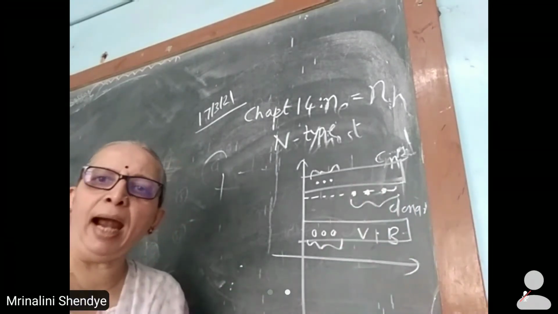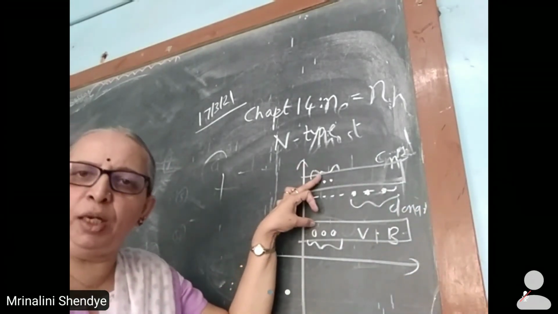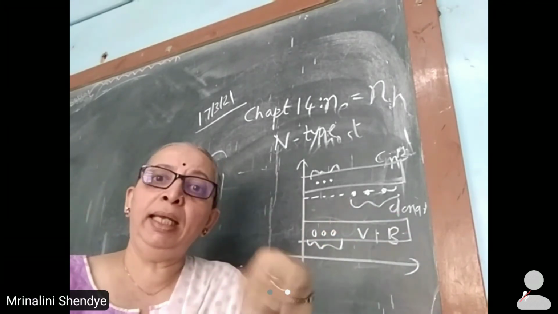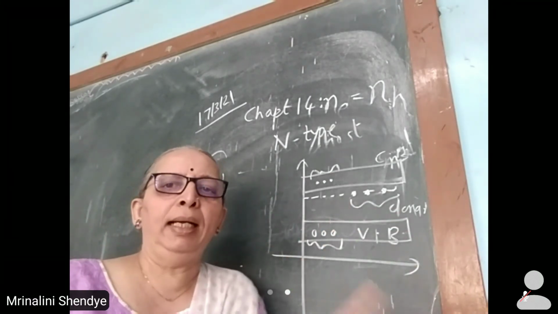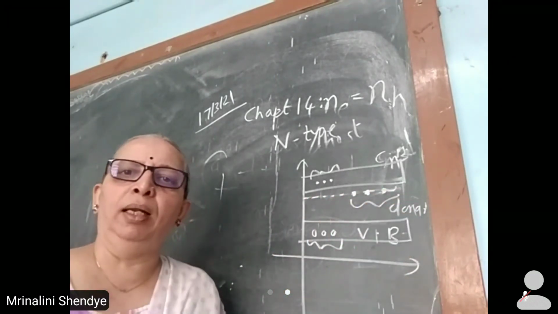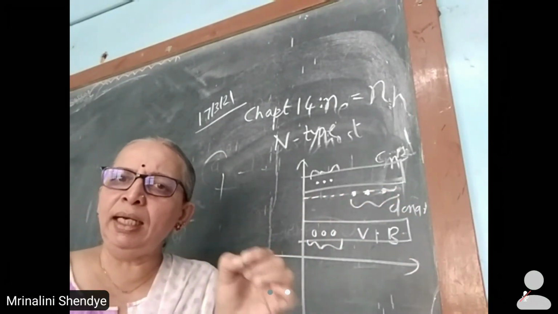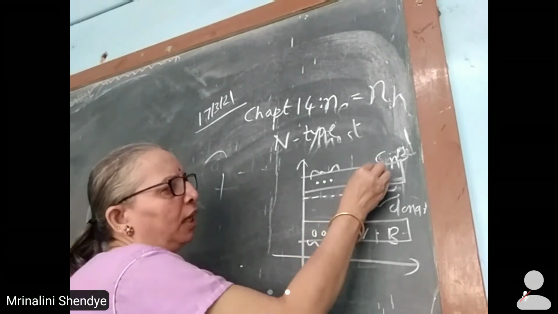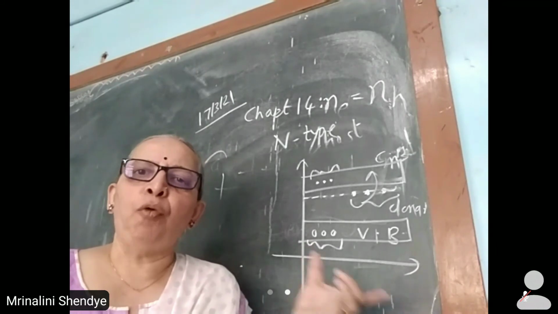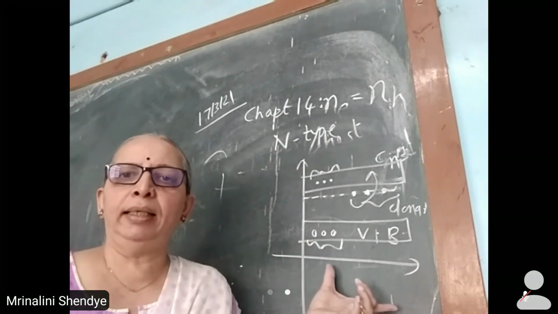So in addition to thermal electron-hole pairs, donor electrons are available in large number, and they form an intermediate new energy level. By receiving a little energy, they can jump into the conduction band and are readily available for electric conduction.